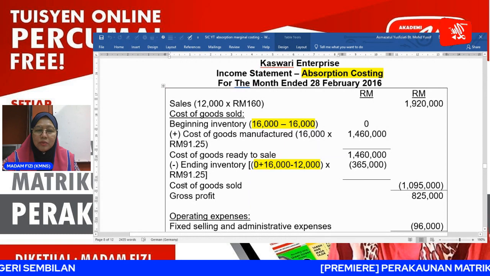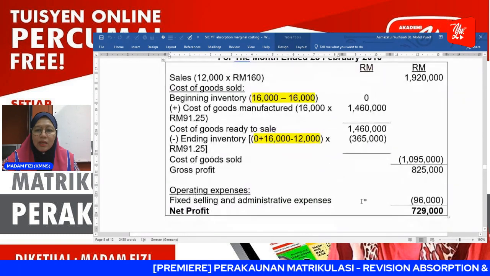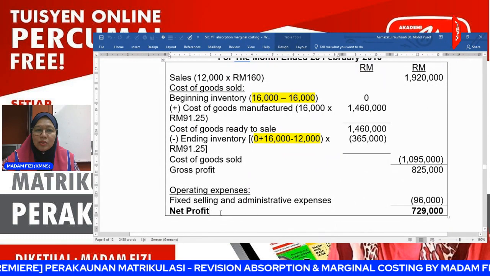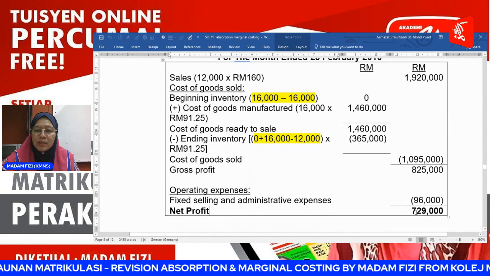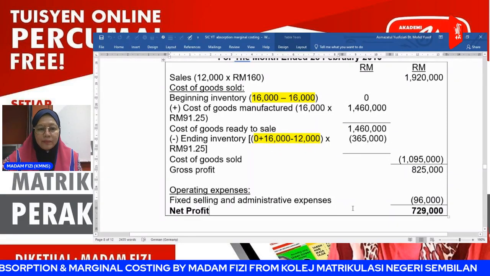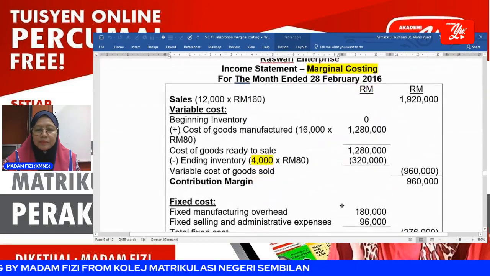Okay, sales minus cost of goods sold dapat gross profit 825,000 minus the operating expenses 96,000. So the net profit is 729,000 for absorption costing.